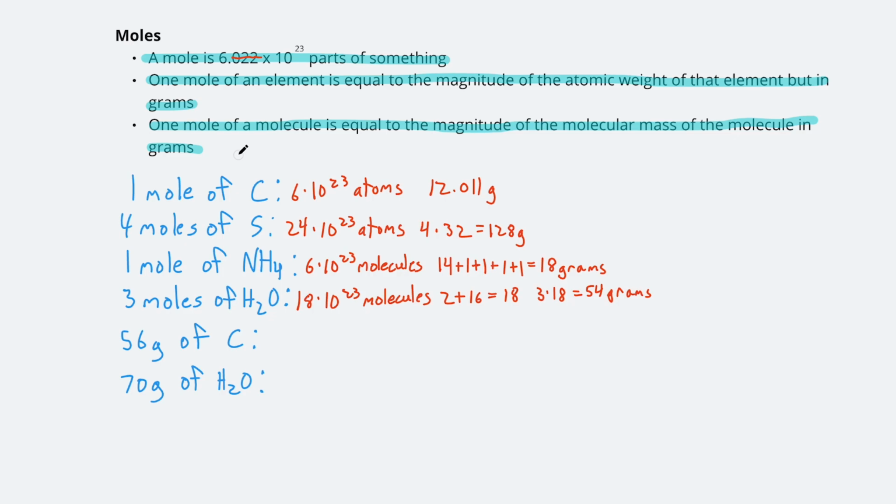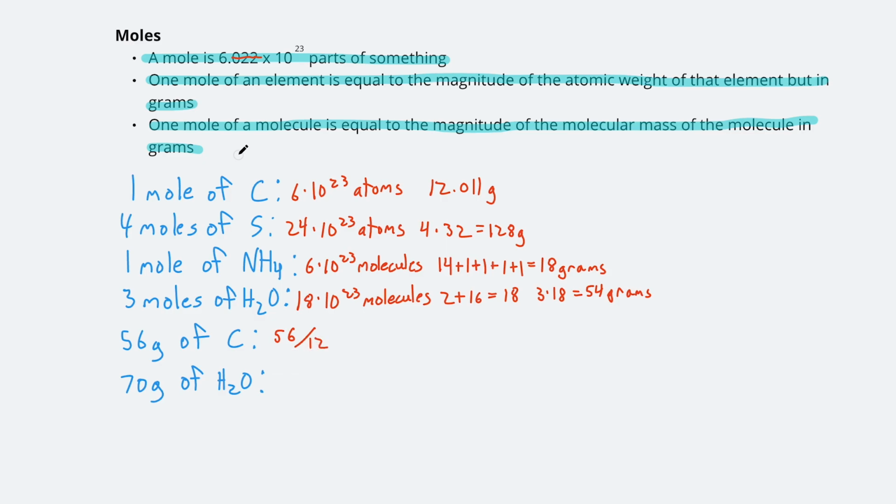You want to make sure that you can work forwards and backwards with this. So the next example, we're starting with grams and we want to figure out how many moles we have. And you do this by dividing the amount of grams by the amount of grams that are in 1 mole. So if we have 56 grams of carbon, we divide that by the molar mass of carbon, which is about 12.